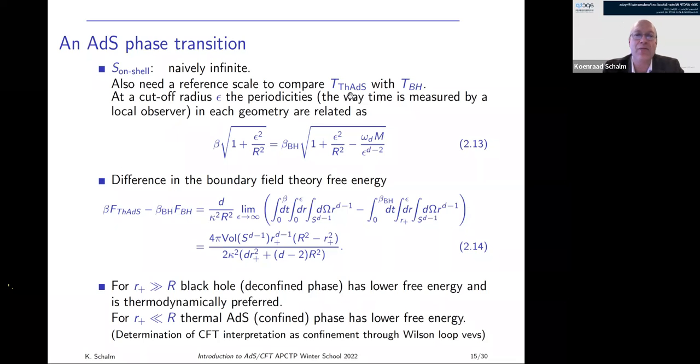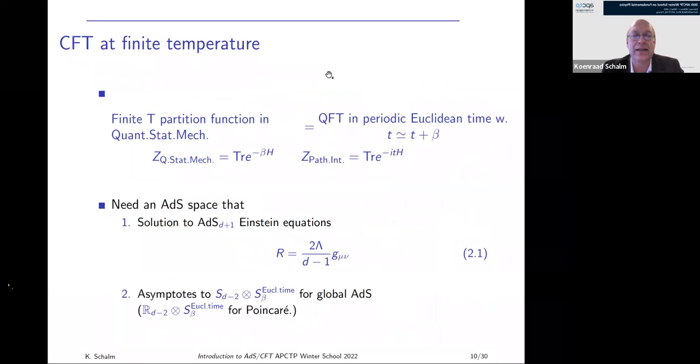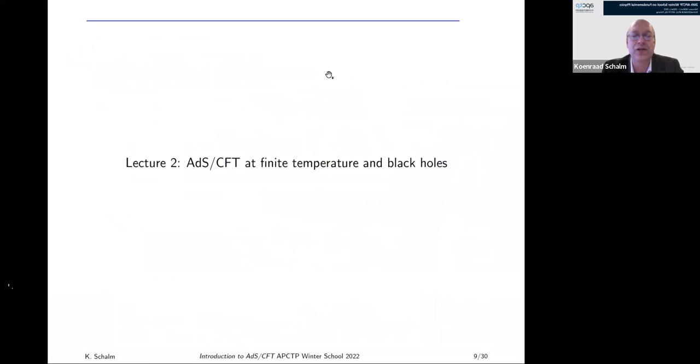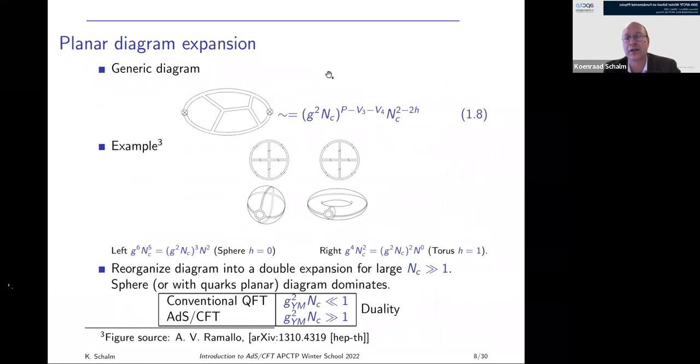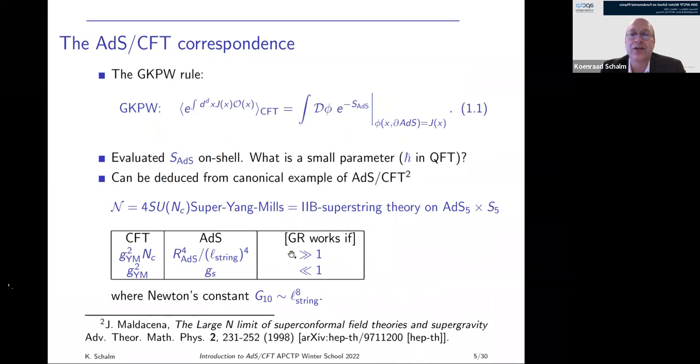I can say one word about that. It's interesting and deep, and it's related to the first part of the lecture, where remember what we said is that the classical AdS, the saddle point expression in GR, works if the radius of AdS is very large in string units, but this is the strong coupling expansion in the CFT, right?